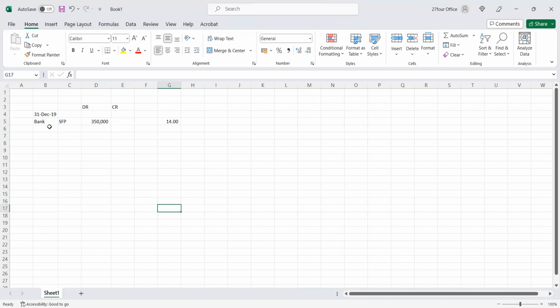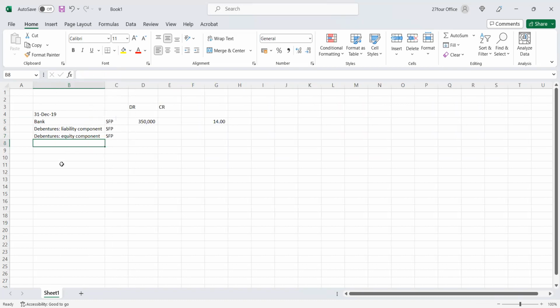So we need to split this between a liability component and also an equity component. Okay, so there we go. So now we need to work it out. I'm going to do my workings over here.